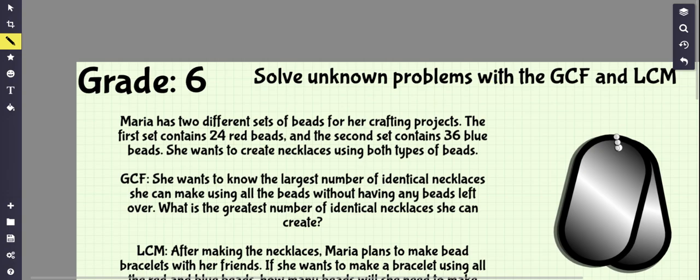Solving unknown problems with the GCF and LCM means we're going to solve some problems with the GCF and LCM in the same word problem. If you're finding equivalent ratios, you're going to find the same value but different equivalent ratios. So you have to look at the word problem, because you can't just say this is how it's supposed to be.